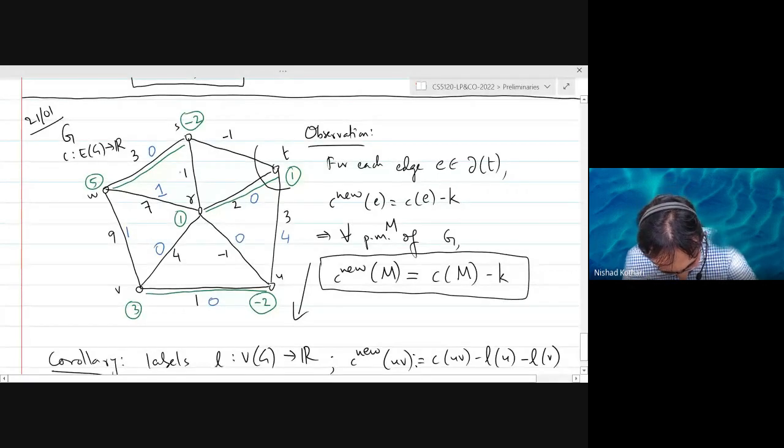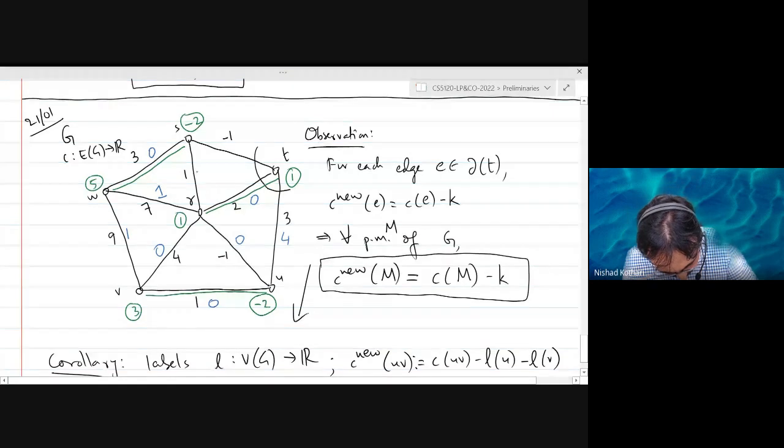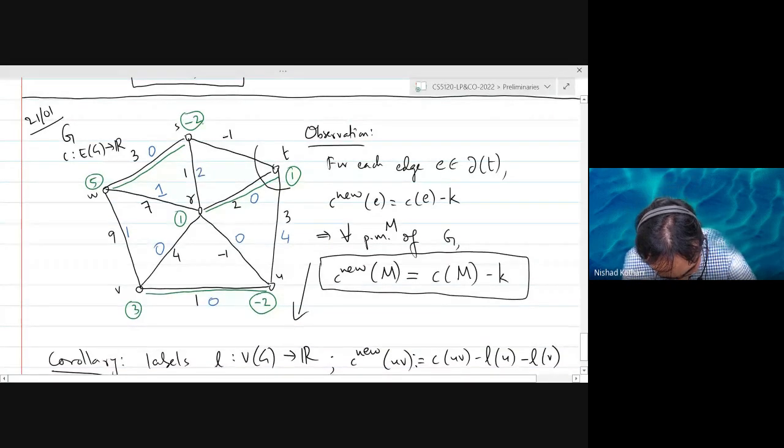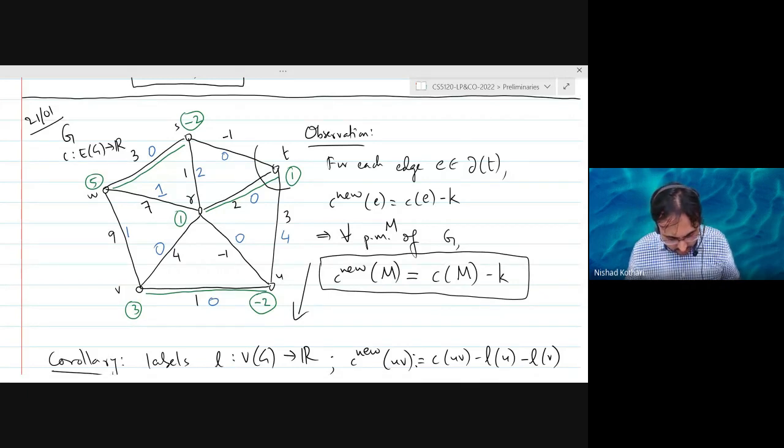And this one is 1 plus 2, 3, 3 minus 1, 2, and this one here is minus 1 plus 2, 1, 1 minus 1, 0. Okay, so I have a bunch of zeros, and the rest seem to be correct. Okay, good. So those are our new costs, the ones in blue color, right?